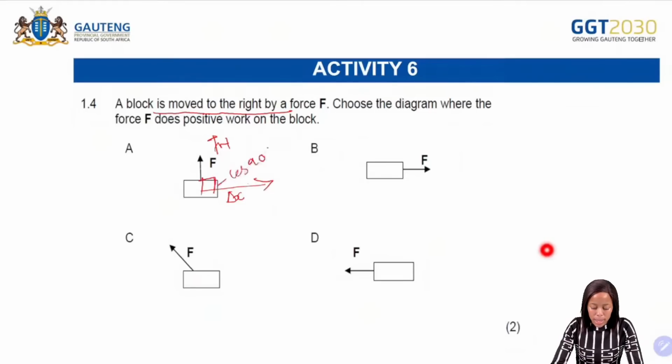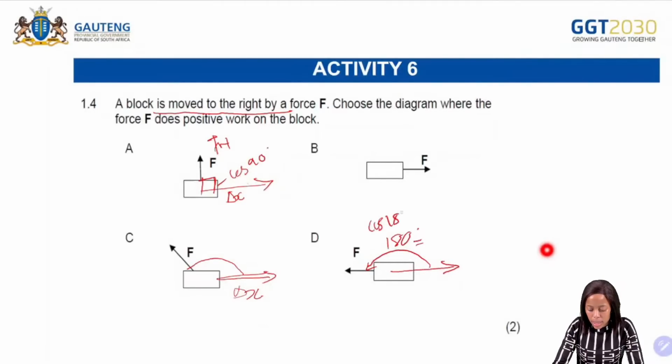And then this one, if it's moving to the right, with that angle there, that angle is in the opposite direction of change in x. So if it's in the opposite direction, we therefore know that it will not give us positive work. Again, the object is moving to the right. What is the angle here? 180 degrees. 180 degrees is cos 180 degrees. If you put that in your calculator, it will give you -1.